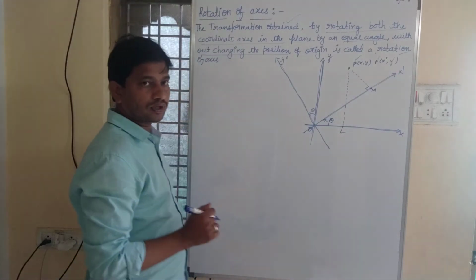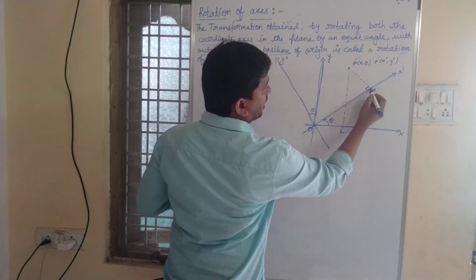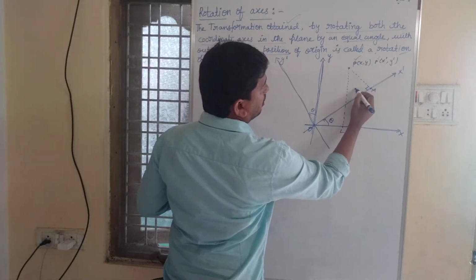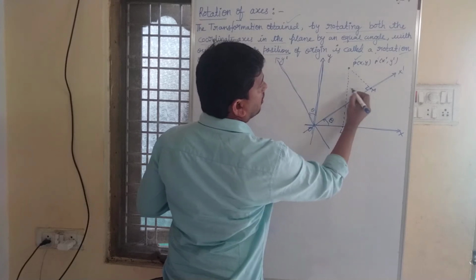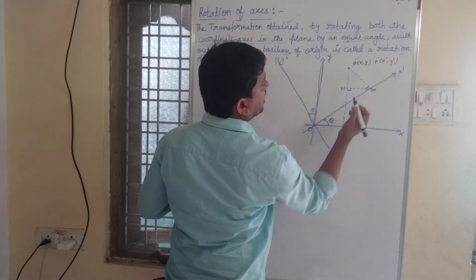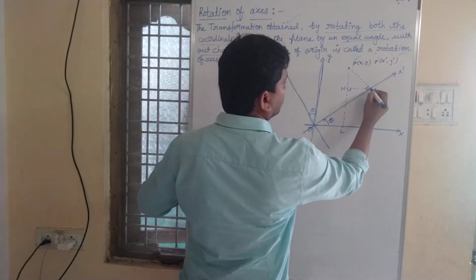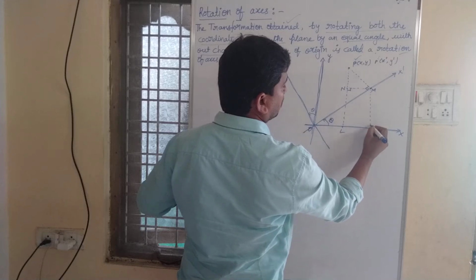Is it clear? Yes. Now construct MN, which is perpendicular to PL. Now let us join M to Q.